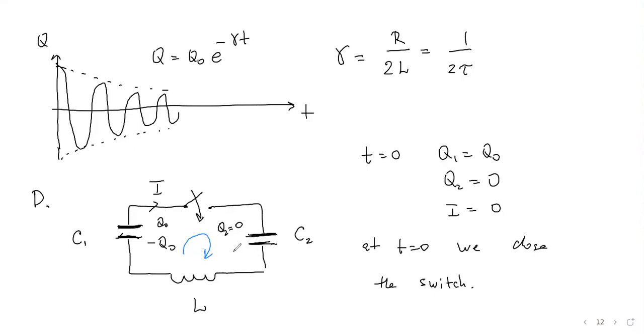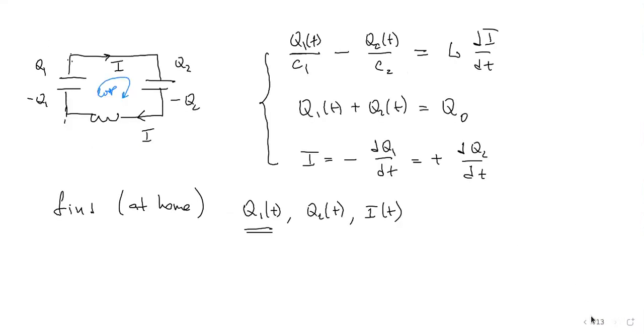Example D would be a good example if you want to practice and solve this. And I have like 10, 11, maybe 15 minutes. I want to start talking about something else. But we are done with inductance as a separate topic.